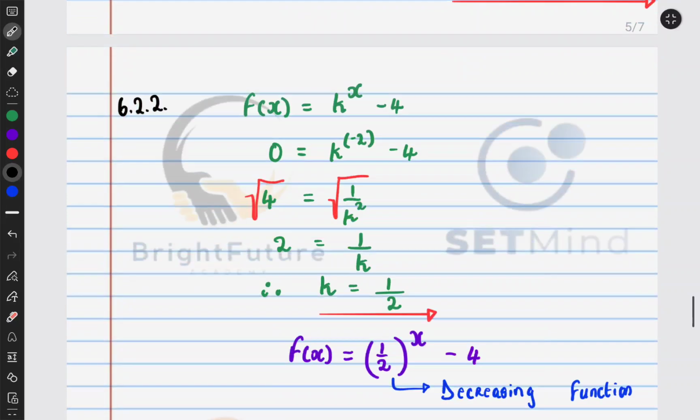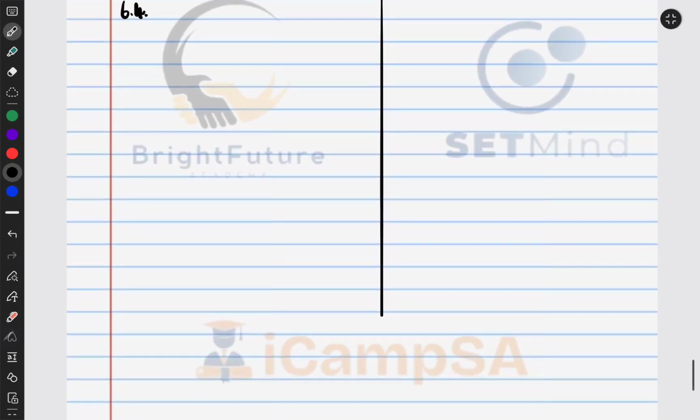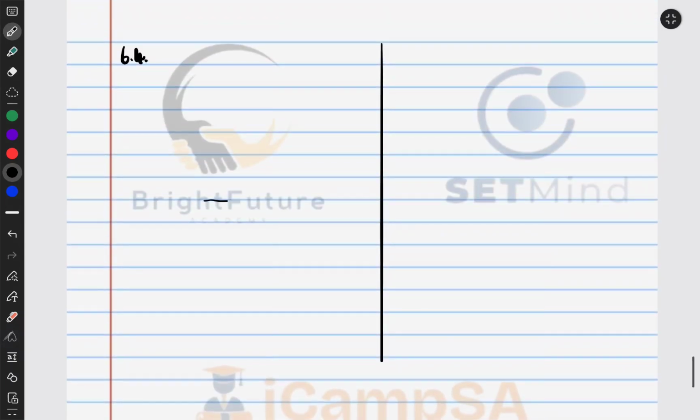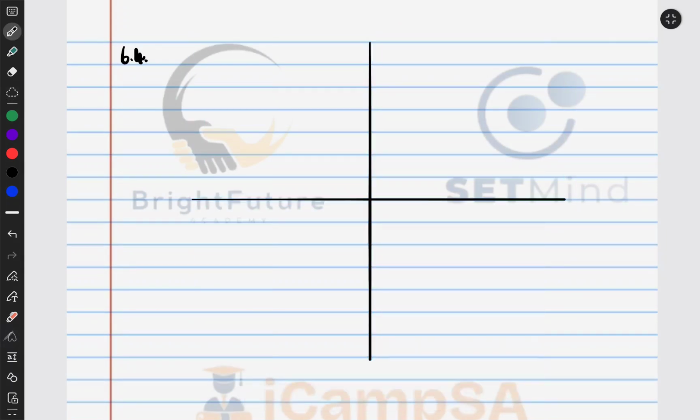Just want to see what intervals we should use. Okay, let's calibrate our axes.